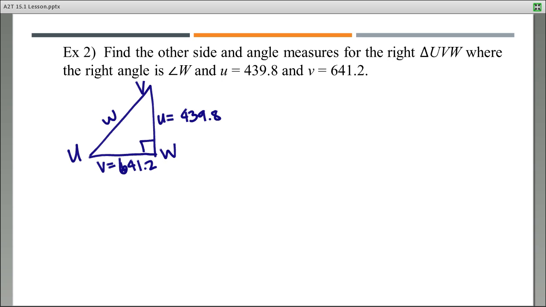All right, so this time they only give us one angle and 2 sides. So you want to just choose one of the angles. You could find U or you could find V. It really doesn't matter.